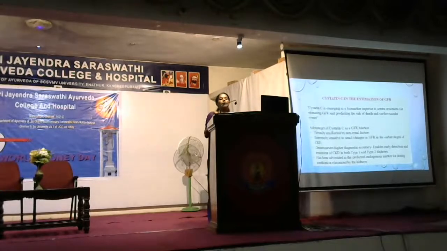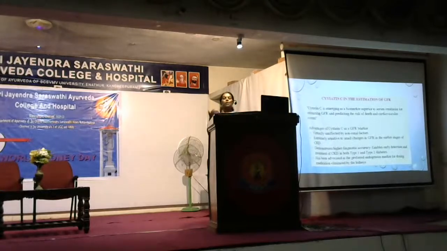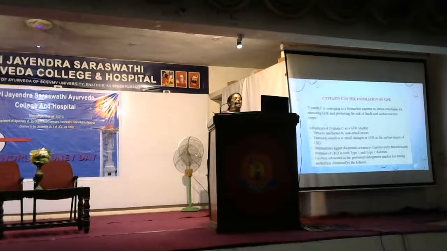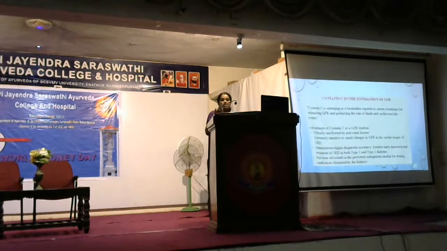Cystatin C: the concept of renal function assessment with urea and creatinine will change. Now we are more often taking cystatin C as the biomarker to assess renal health. Cystatin C is an investigation in which we measure a protein. The advantage of cystatin C in assessing glomerular filtration rate is that it is virtually unaffected by pre-renal causes.